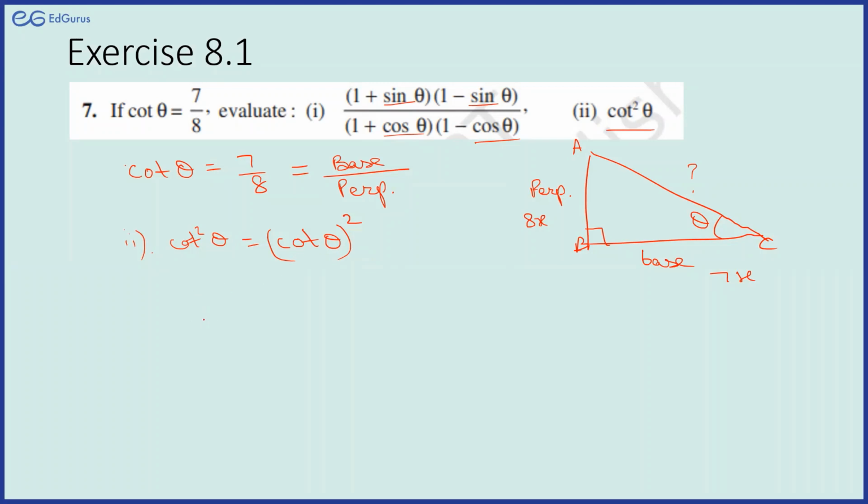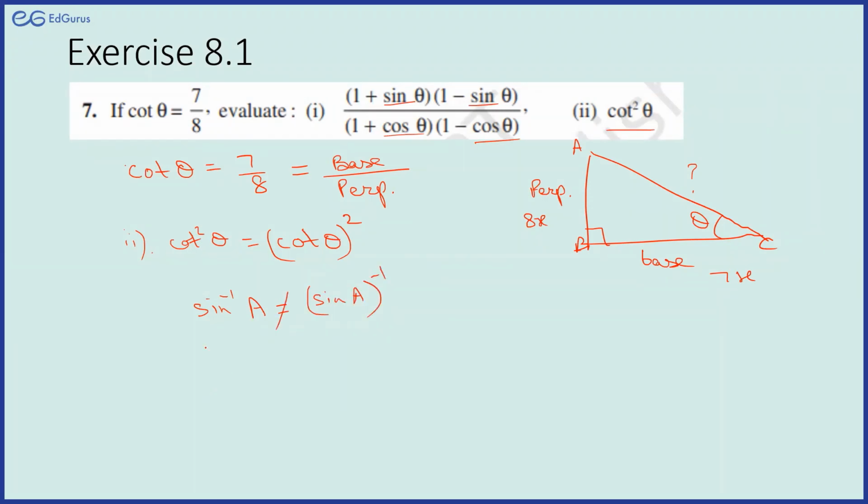Now, we also write, so any power that you write here, that is the power of the whole thing. But this convention is different. When I write sine inverse A, this is not sine A inverse.